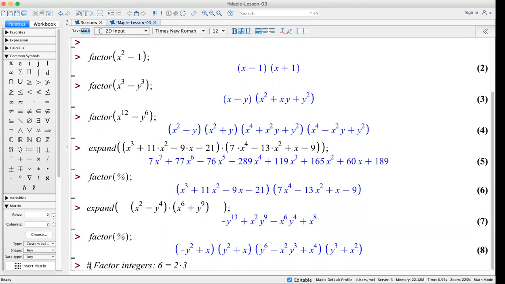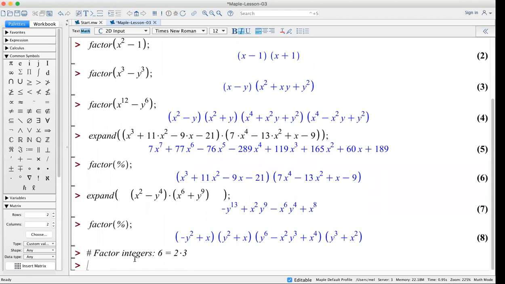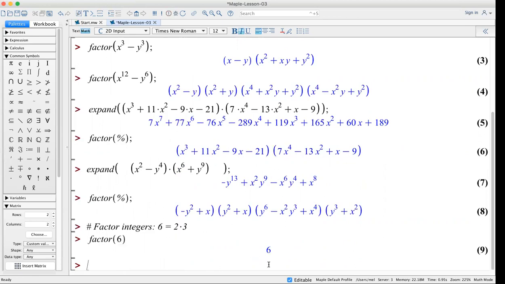And so suppose I want to factor an integer using Maple. If I write factor and then I just put 6 inside, it gives me 6. It didn't factor the integer. And that's because factor is a command for a polynomial. Factor the polynomial 6, and that's 6.